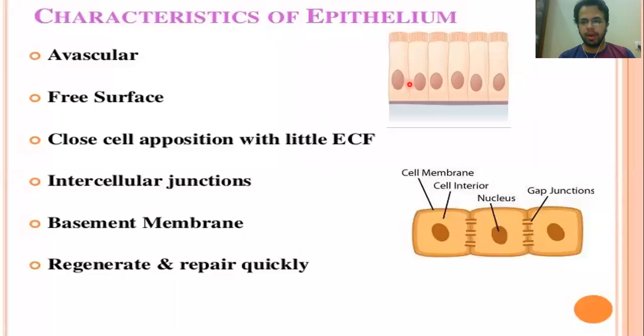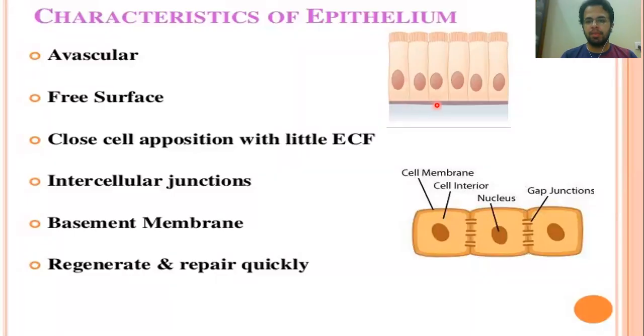This is the number one point, that these cells are present very close to each other. Number second point, that these cells also have a nucleus, right? This brown one is the nucleus. Number third point, that these epithelial cells are present on the basement membrane.